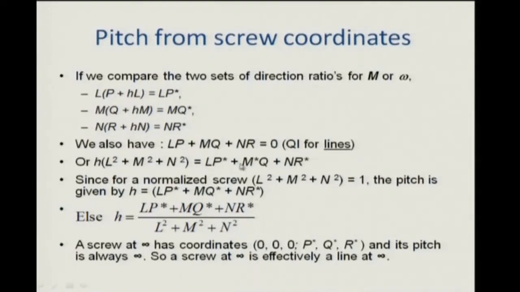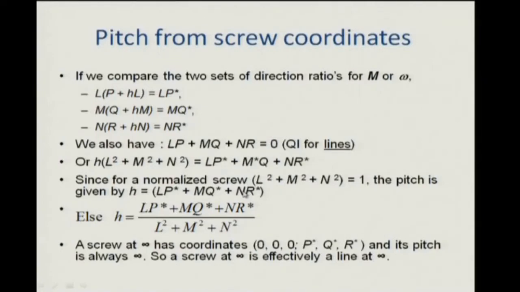So, this has to be equal to LP star plus MQ star plus NR star, and so you get the pitch equal to this divided by L squared plus M squared plus N squared, and if this has been normalized to be equal to 1, then the pitch simply becomes this. That is algebra, just pointing out.